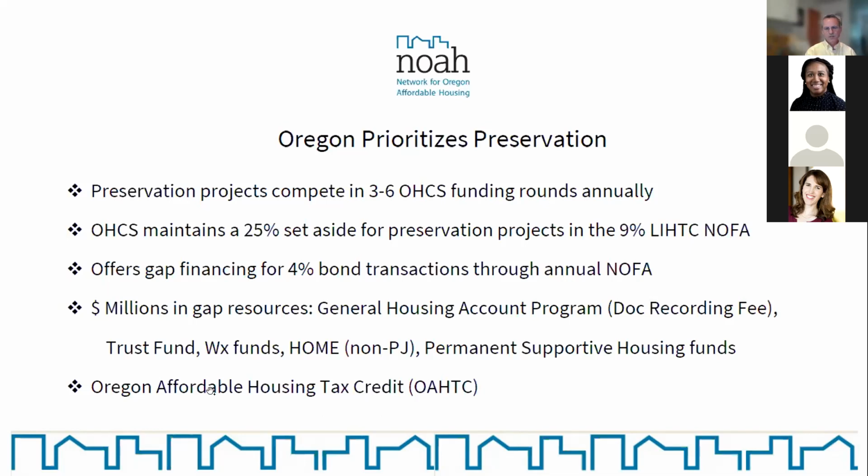But there are tons of other sources that get associated with these various NOFAs, including millions in gap resources from the General Housing Account Program, which is money that's raised through a document recording fee. Then we've got the state trust fund and the federal trust fund, weatherization funds, and so forth. And we also have the Oregon Affordable Housing Tax Credit, which I'll talk about briefly in just a minute. Next slide.